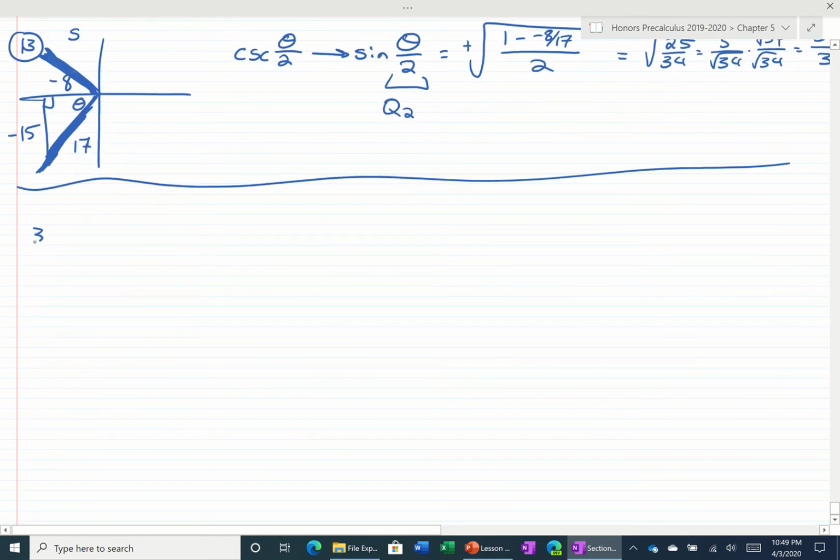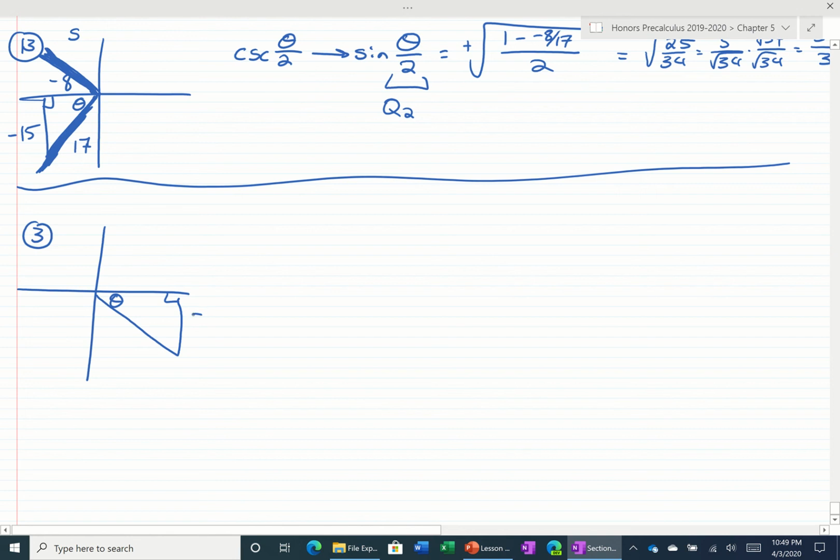So on the back, number 3, it says find the value of sine, cosine, and tangent of the half angle. For number 3, we are in quadrant 3, and u would give us tangent of negative 3 over 4. All right, so we have to be in quadrant 4, okay, that makes more sense.